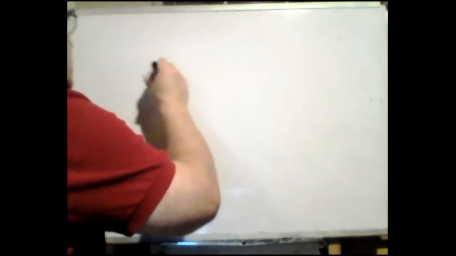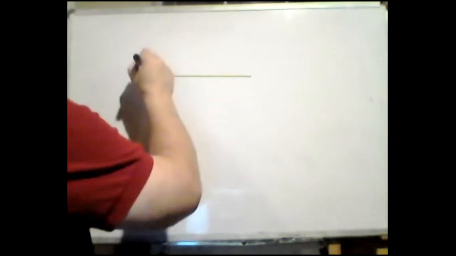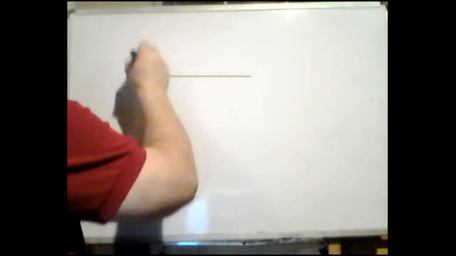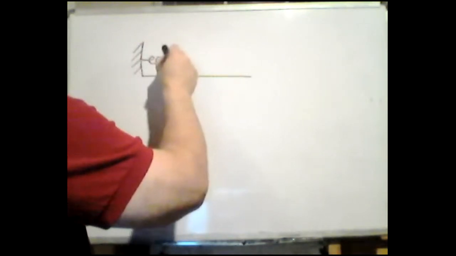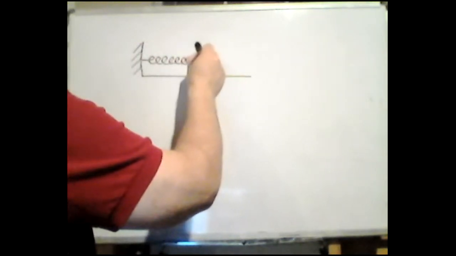Now that we know about the concept of force, there are certain types of forces. There are certain natural forces in the universe. One type of force would be the following. Let's say you have a flat frictionless surface and you have a wall and you have a spring that's at rest.